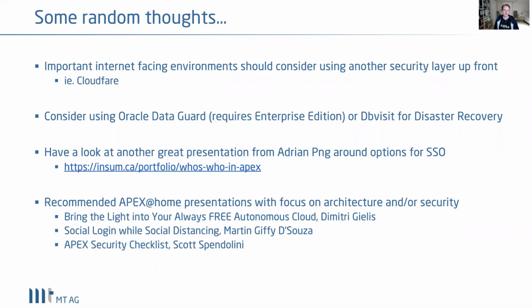And still upcoming is the presentation from Martin Giovanni Souza about social login, especially also talking about Google authentication using the social sign-in feature of Apex. And Scott Spendolini I've already talked about. So with that, I'm coming to the end of my presentation, and we can go into questions mode.